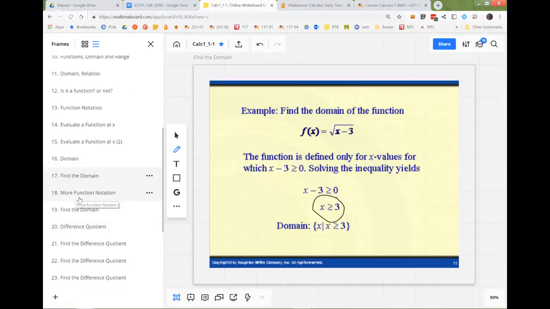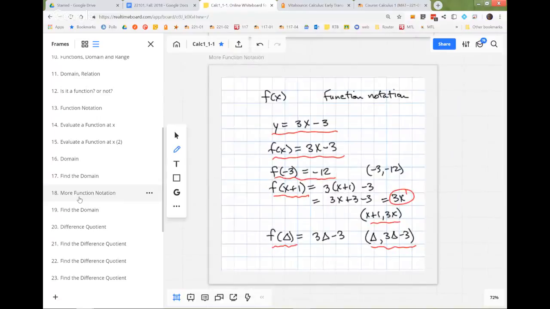Okay. So some more function notation here. Just in my example, you've got f of x equals 3x minus 3. What's f of negative 3? Well, 3 times negative 3 is negative 9. Negative 9 subtract 3, negative 12.